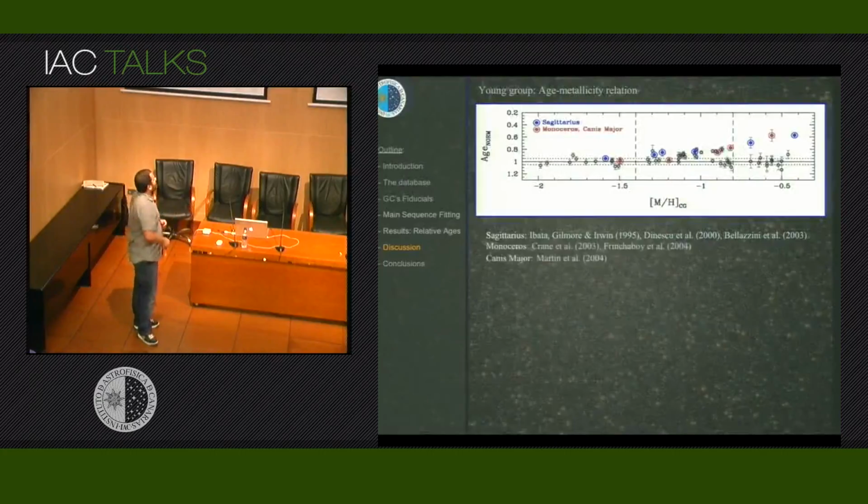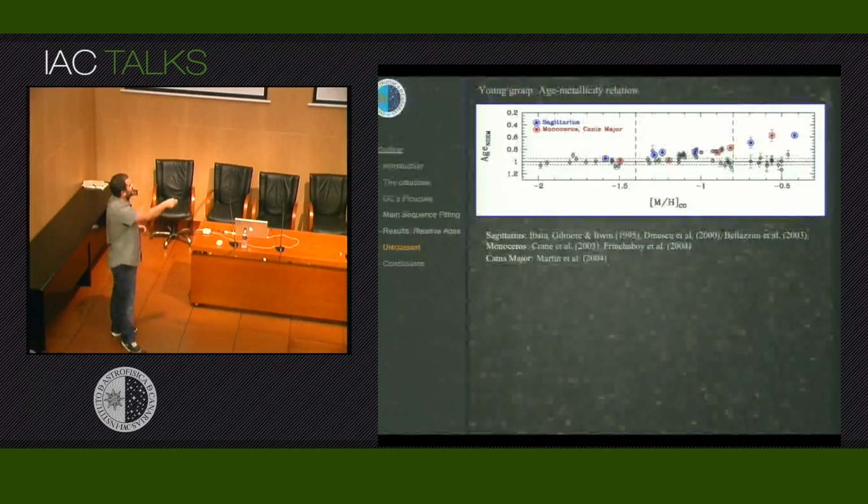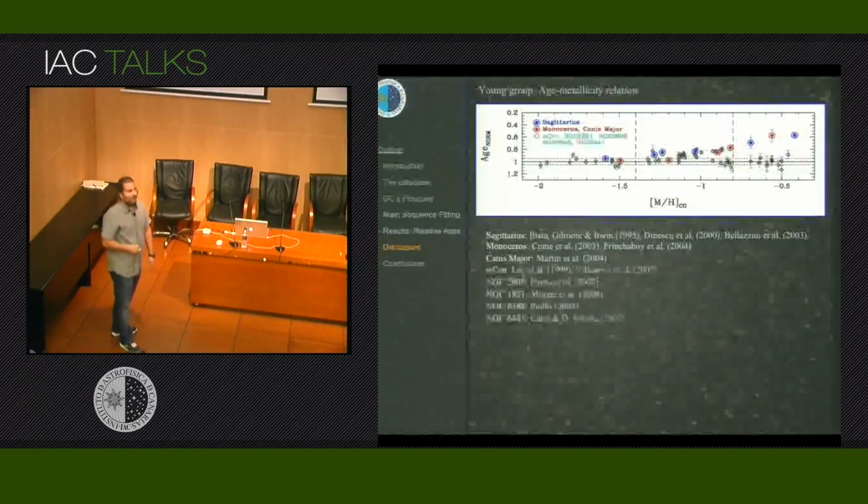I can do the same thing with Monoceros and Canis Major. I know that there is controversy about Canis Major and Monoceros, but it's just for testing. And you can see how all those clusters associated with Monoceros and Canis Major are also populating the young branch.